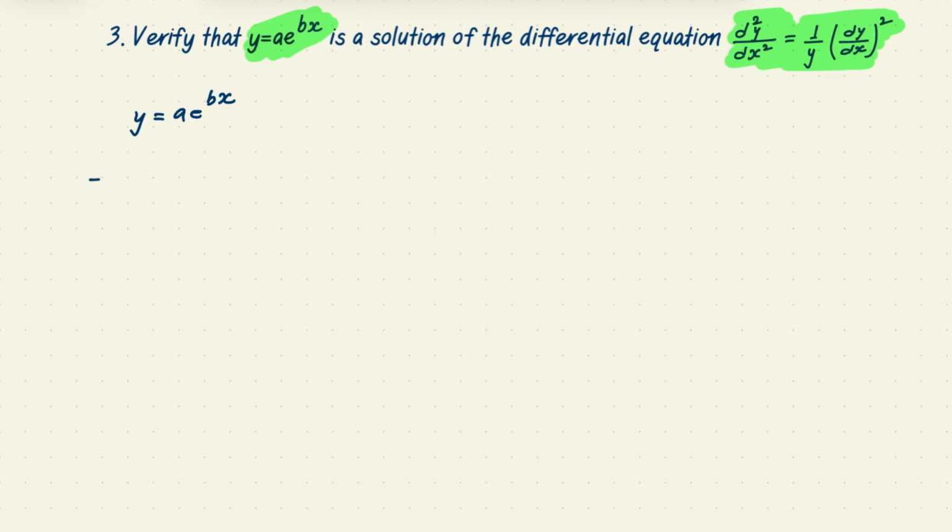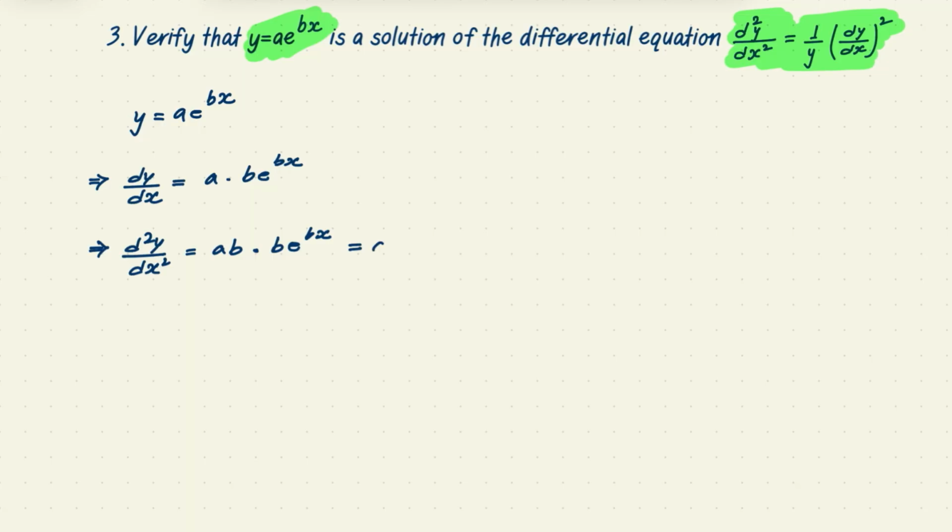So differentiating both sides with respect to x, we will have dy over dx equals to a is constant and d/dx of e to the power bx is b e to the power bx. Now again differentiating both sides, we will have d2y over dx2 equals to ab is constant and e to the power bx is again b e to the power bx.